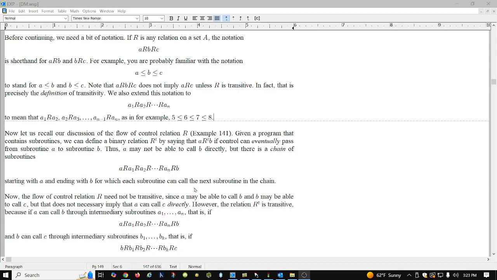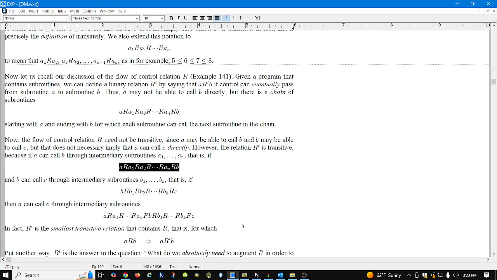but the relation R superscript T is transitive, because if A can call B through the intermediary subroutines, so it looks like this, and B can call C through intermediate subroutines, we can stick these two chains together at the end.